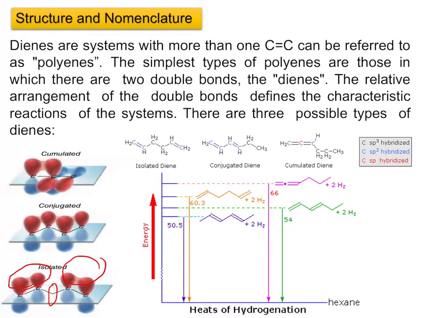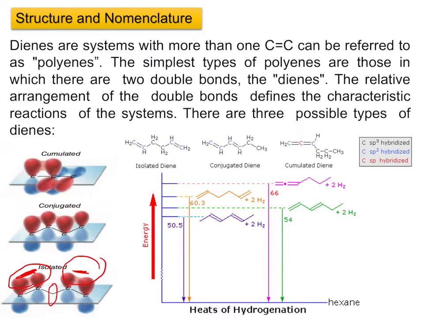Between them I have a CH2. These 2 pz orbitals of adjacent carbon atoms formed a pi bond. Here I have a pi bond, and on the other hand I have another pi bond. Why is it written here as isolated? Because these 2 pi bonds have nothing to do with each other.